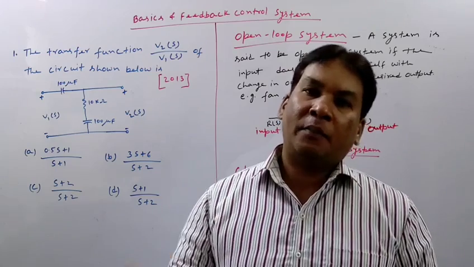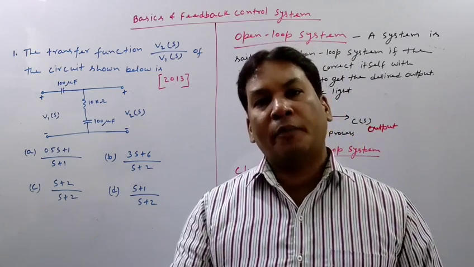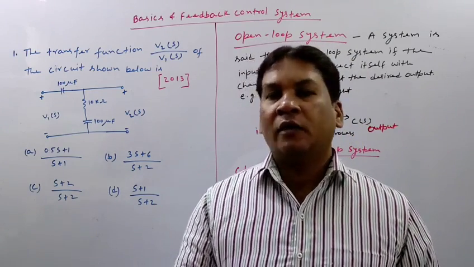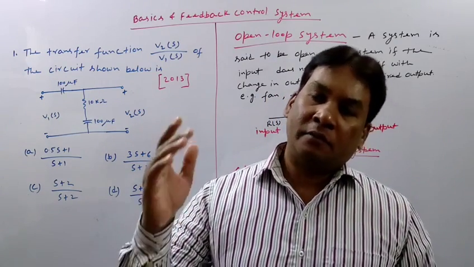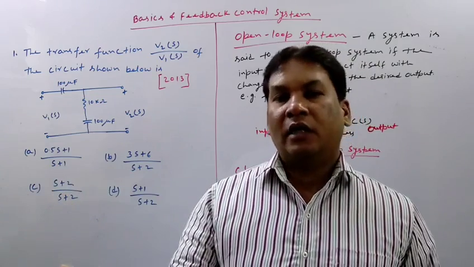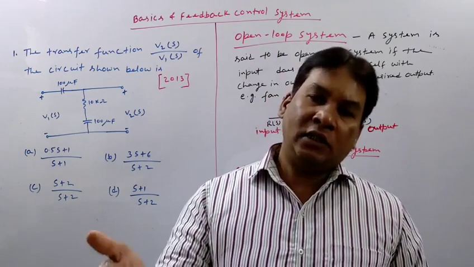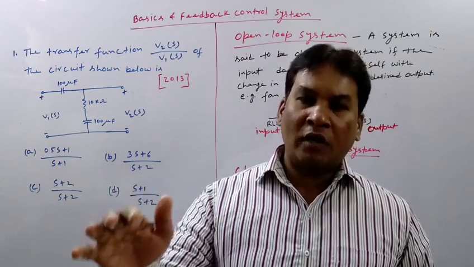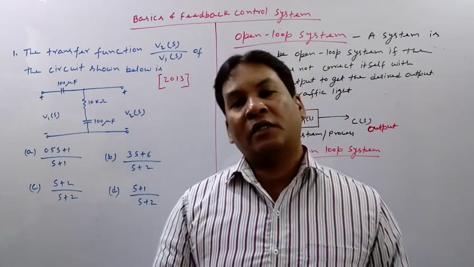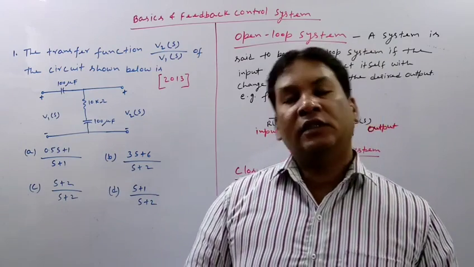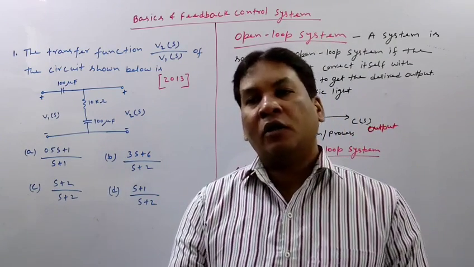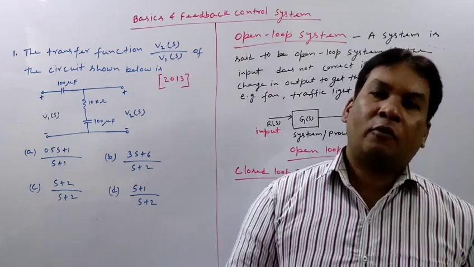Then again the temperature of the room starts rising, and if the sensor senses the temperature has risen above the set point, then again the compressor starts to cool down that temperature. So AC, refrigerator and iron are examples of a closed loop system.